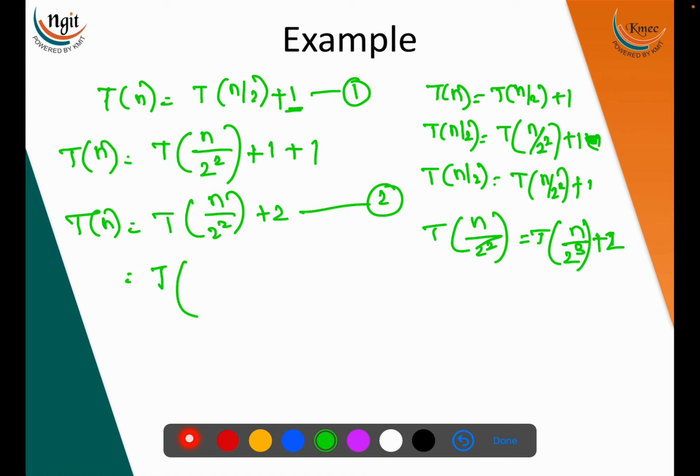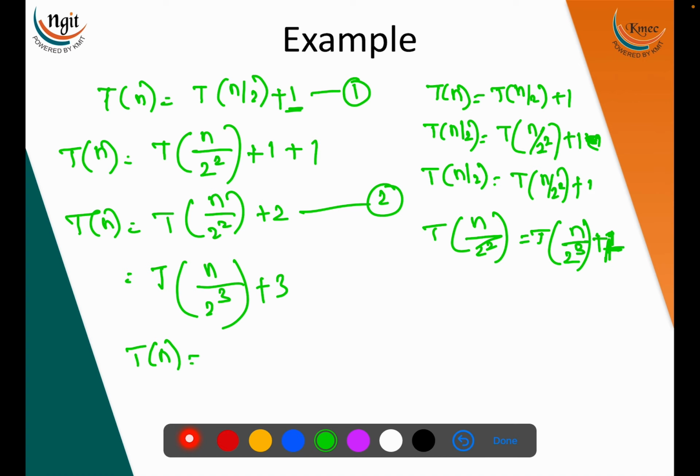Now, 2 power 3, T of n by 2 cube plus already 2 is here. If I add this 1, it becomes 3. So this is continued for k times.